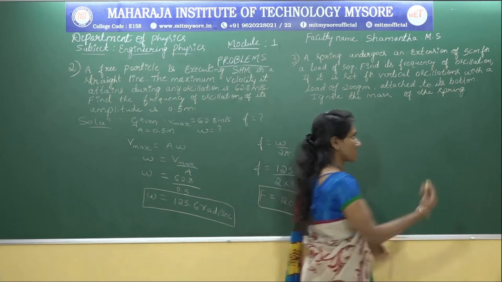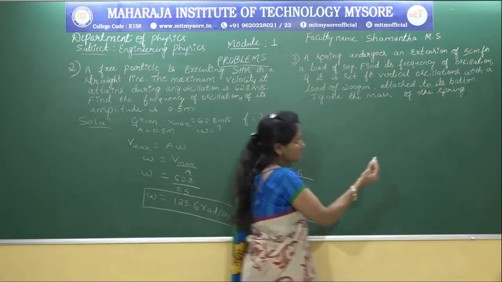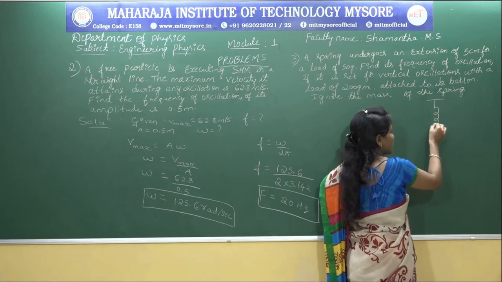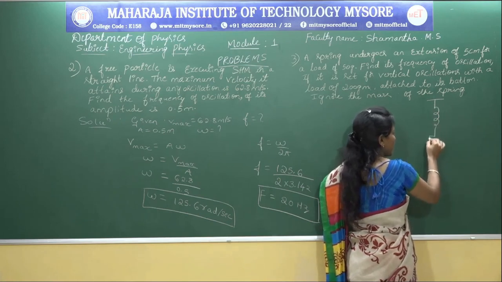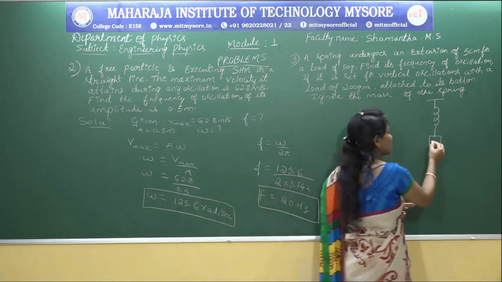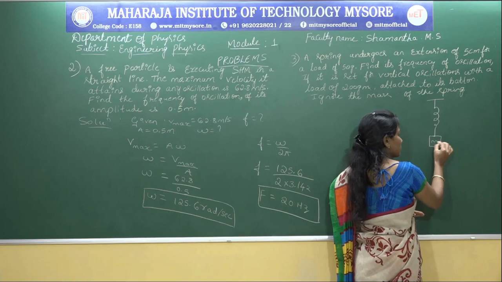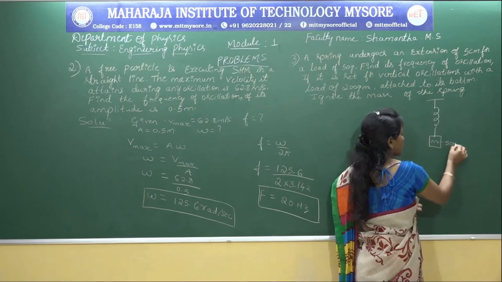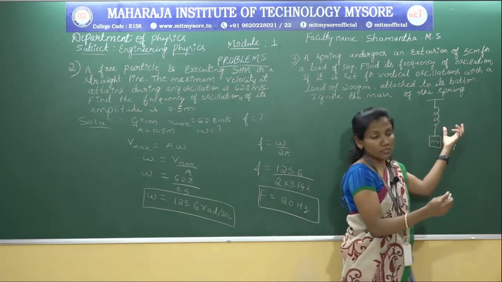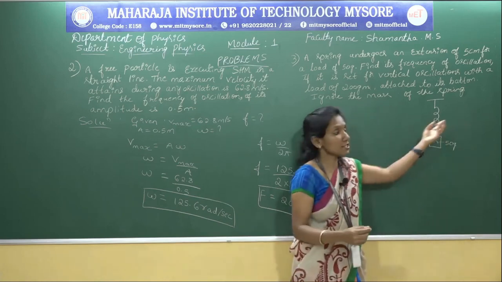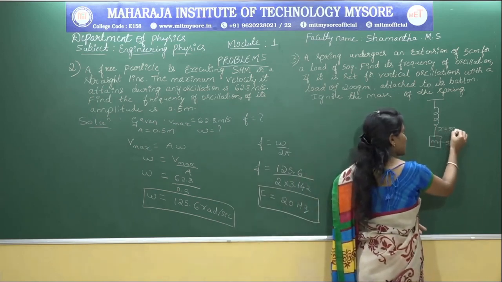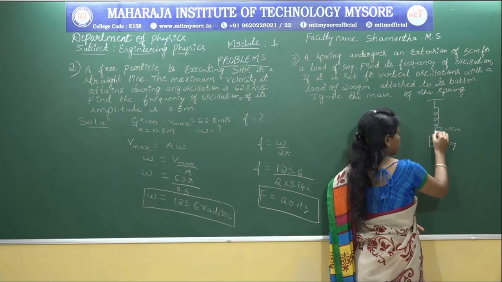So, here a spring is executing oscillation attached with the mass 50 gram, which is undergoing an extension of 5 centimeter.